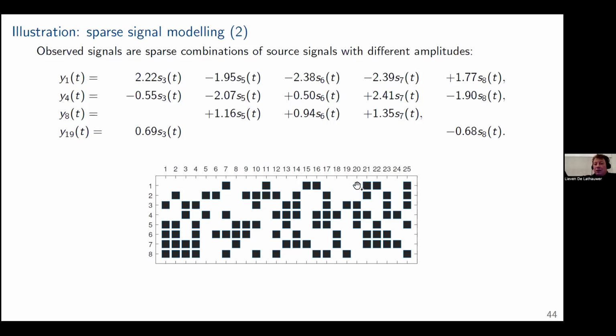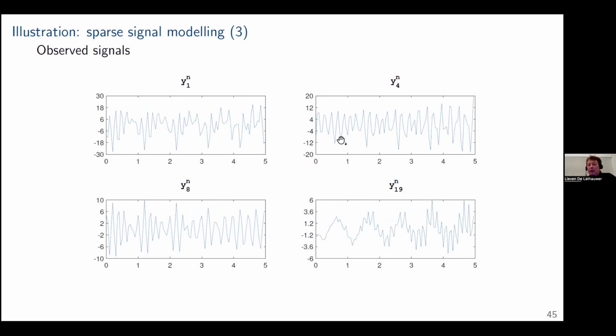And so we have, in the end, a whole set of 25 signals generated from some underlying components in a sparse manner, at most 5. And they look like this. So 1 looks like this, 4 looks like this, 19 looks like this. We have 25. And the question is, you are given these 25 signals.